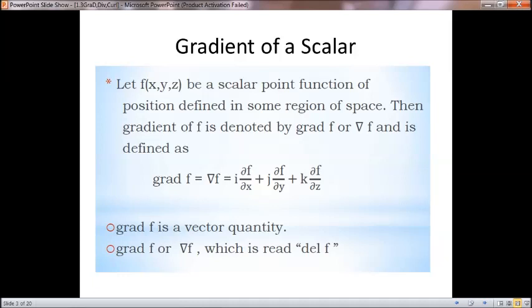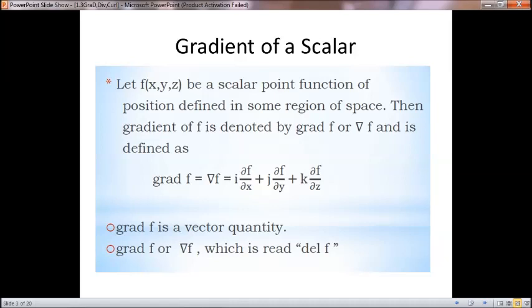So you consider one point over the space and its position is considered based on x, y, z, and so we consider this as a scalar point function f of x comma y comma z. If a function f of x comma y comma z is considered over space, then the gradient of this function is denoted by grad f or del f.